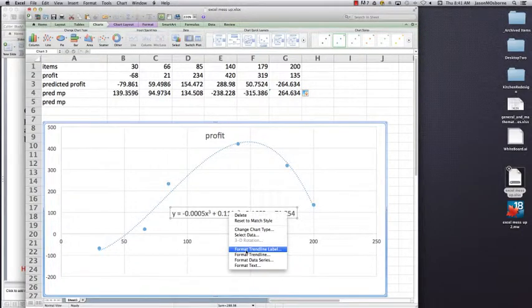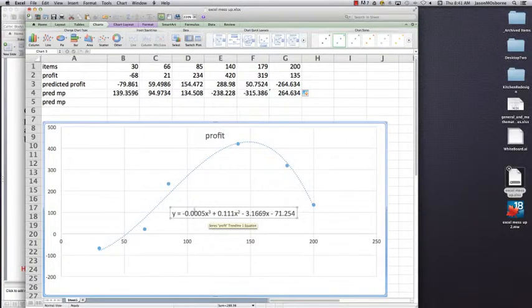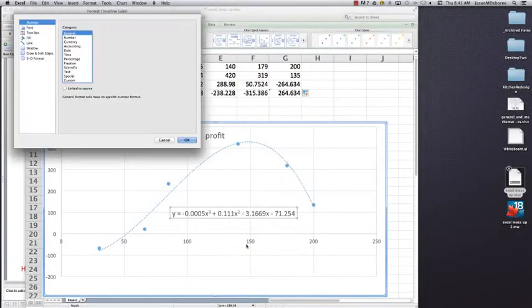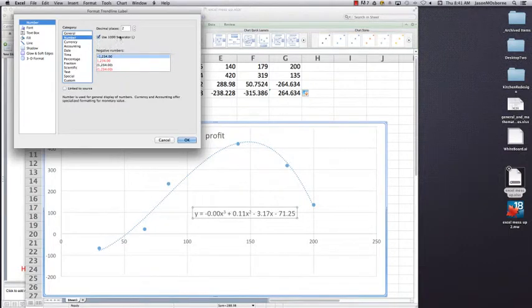What is happening is that the formula is not showing us enough decimal places, and there is some rounding error happening when we type in this formula, so we are not getting the right numbers because of round-off error or missing decimal places. So we need to format the trend line label, change this to a number, and then bump up the number of decimal places to, let's say, 6 decimal places.